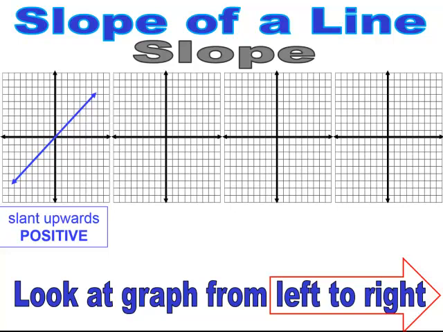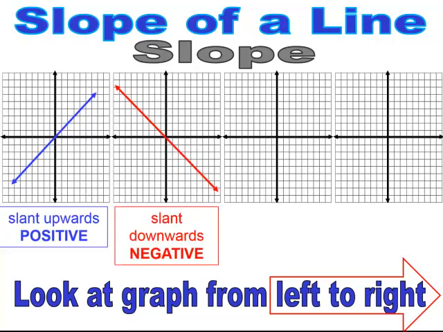When the slope is going down, the slant is down from left to right, you always want to look the way you read, it is a negative slope. So a slope up is positive, a slope down is negative.